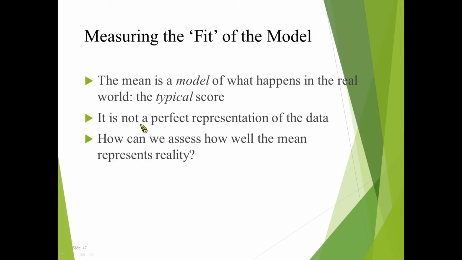A typical score is not a perfect representation of the data. How can we assess how well the mean represents reality? This is why we do research. We want to know the real-world situation, and we choose a sample to do this research.